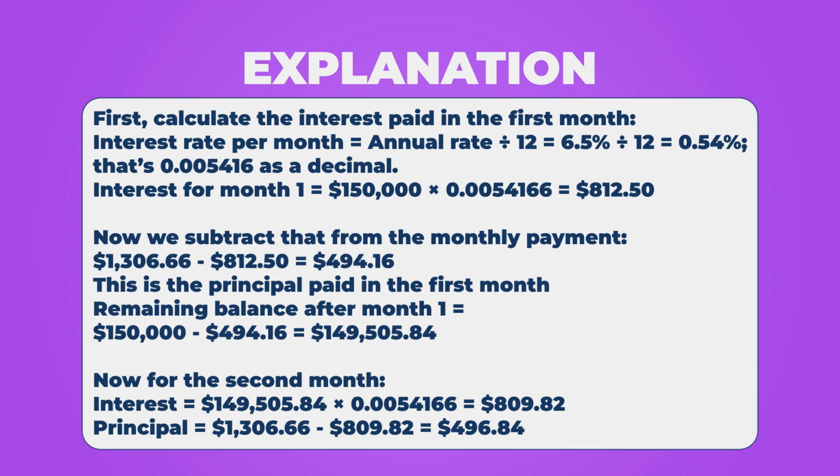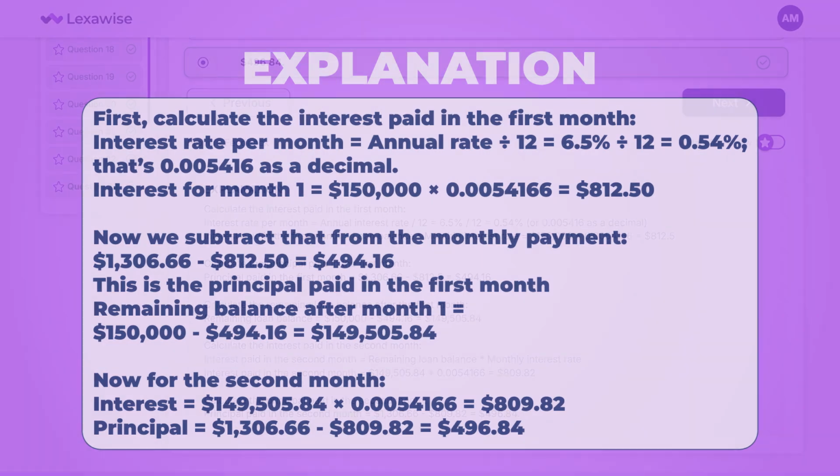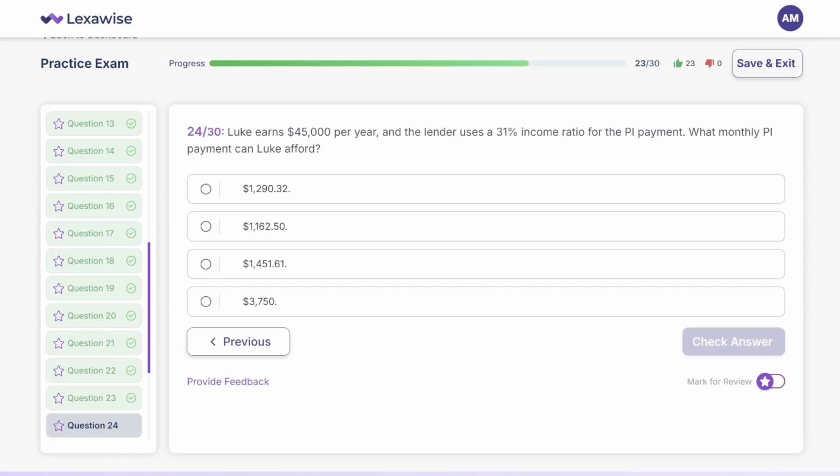Principal equals $1,306.66 minus $809.82 equals $496.84. Let's move on to the next question.